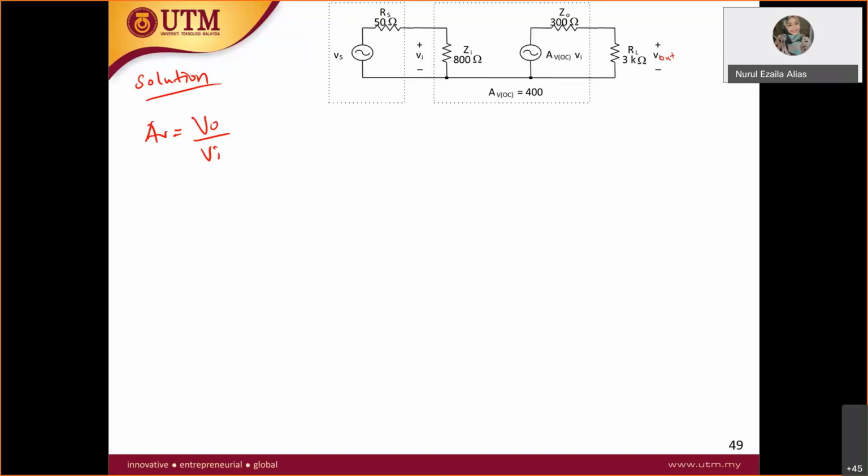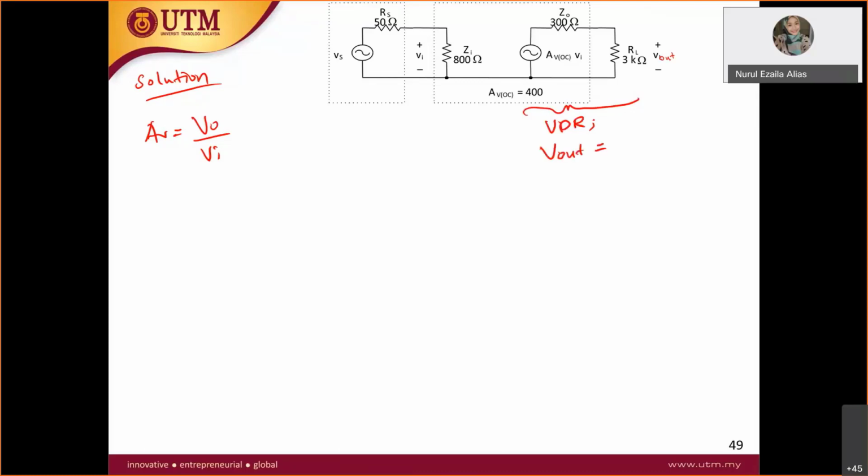Now I said apply the voltage divider rule. Where to apply it is at this output. When I say VDR, it is the voltage divider rule. From here you can get your V out.